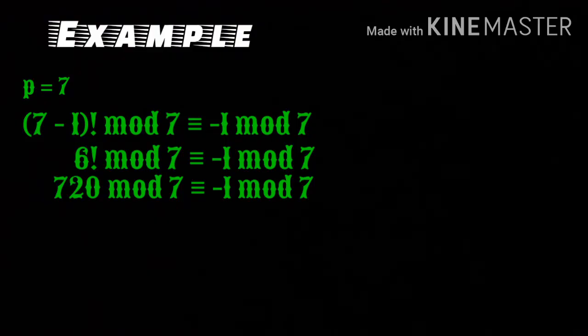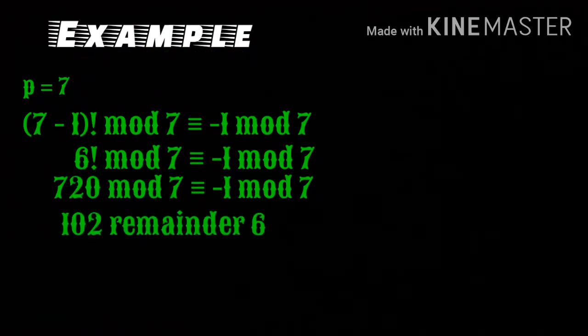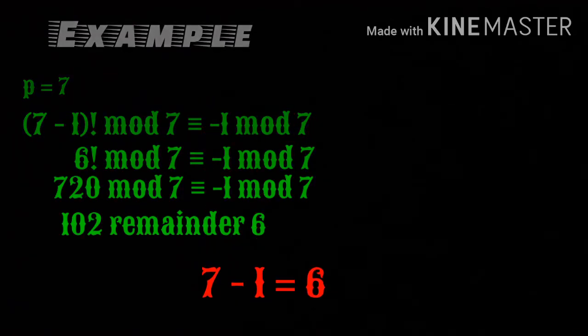So we have 720 mod 7 is congruent to negative 1 mod 7. 720 divided by 7 is equal to 102 remainder 6. So from the formula, negative 1 mod 7, or simply 7 minus 1, we get 6 as the remainder.